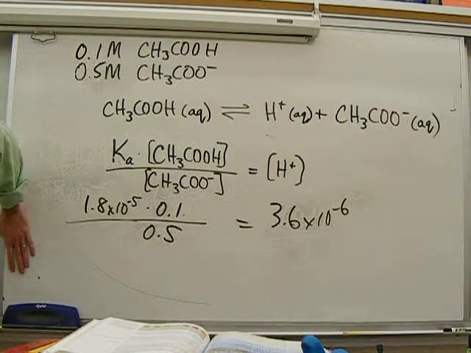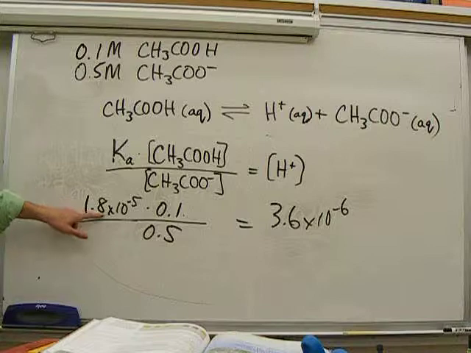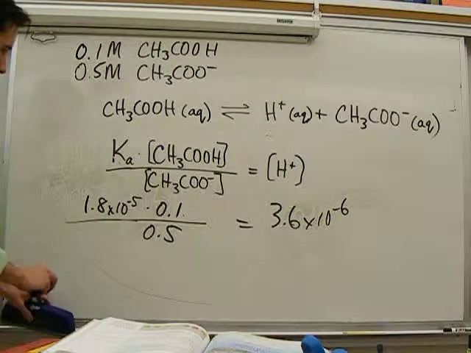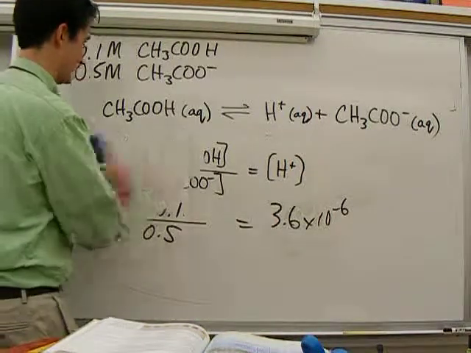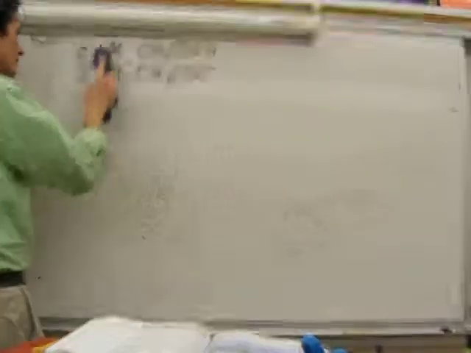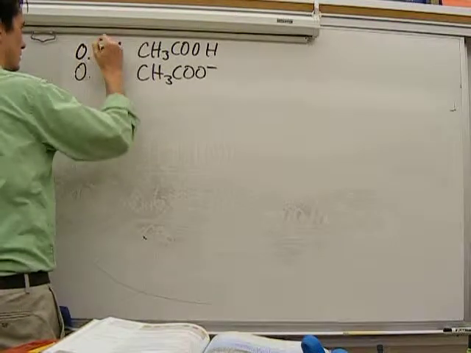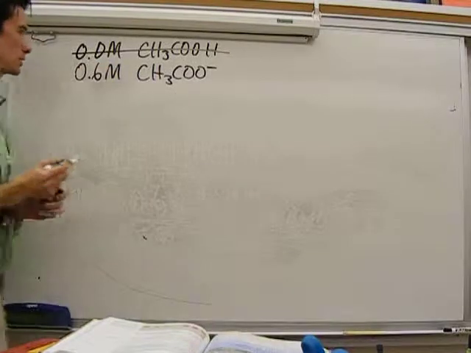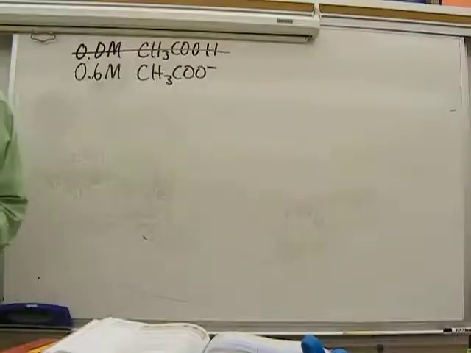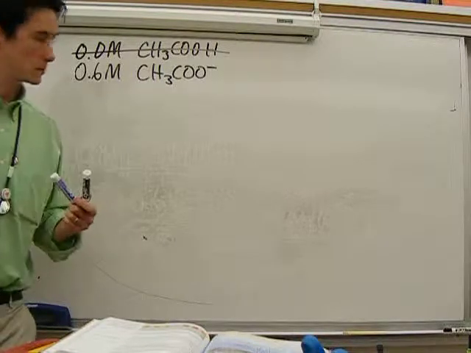Now we have the Kb for acetate. That's what we gotta look at now. So the Kb for acetate. Maybe you can take this. Gone. All right, so 0.6 molar acetate, and I just want to collect my thoughts.